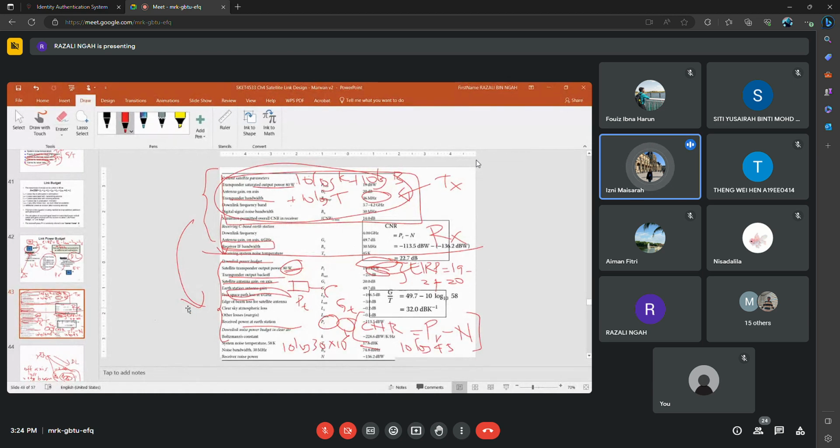You said that we take the system noise temperature from the receiving C-band earth station, the TS at the top. Yes. But the one at the top is written 45K, while the one at the bottom is written 58K. So is it actually 58 or 45? Which one? Earlier when you explained the TS calculation for the downlink budget, you said to take the noise temperature from the receiving C-band earth station. Yes. But the C-band one is written 45K. So should it be 58K or should we take 45K?